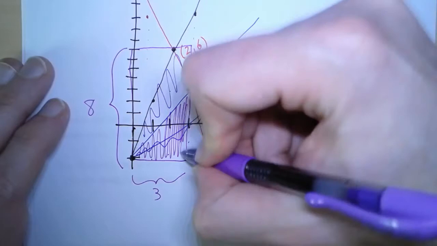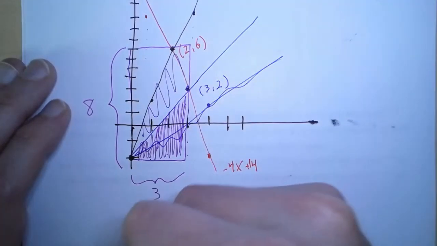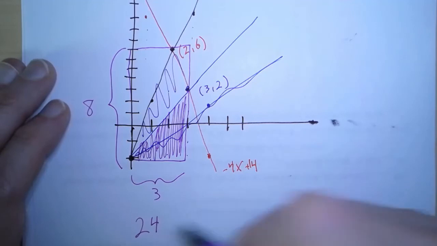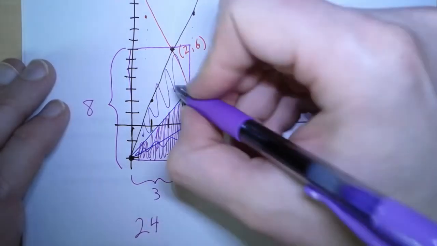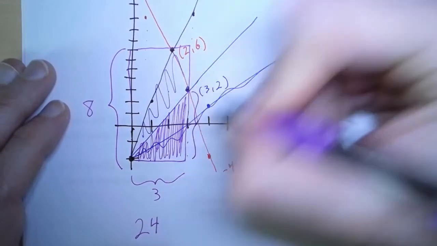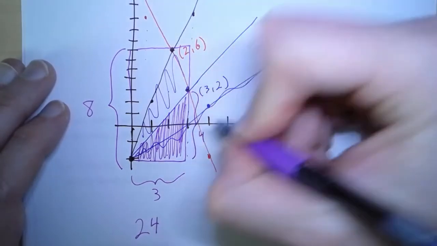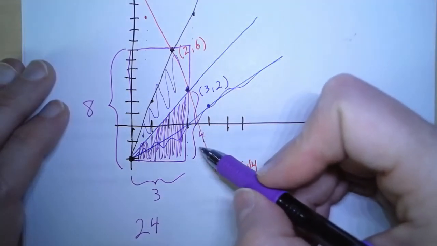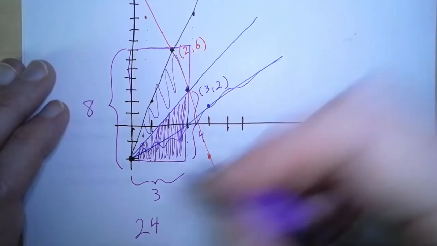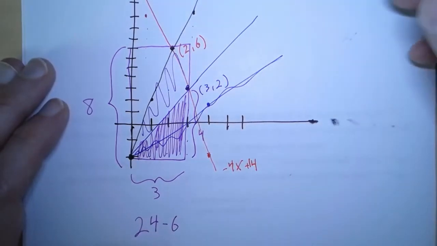This is a triangle, so we can find this area and subtract it away from 24. This triangle has a base of 3 and a height of 4. So 3 times 4 is 12, but it's a triangle, so you multiply by 1/2. So this triangle has an area of 6. So we subtract 6 away from 24.